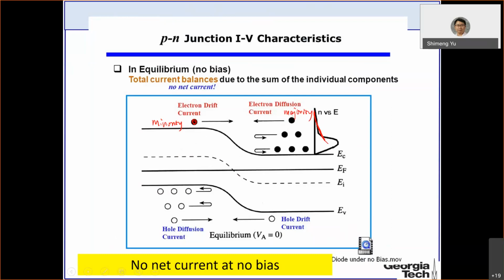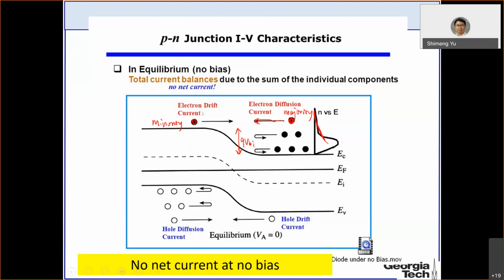So that's why the electron will move from the right to the left. But the electrons will see this barrier here. The electrons with less energy will be bounced back by the barrier. Only the electrons with high enough energy, higher than the barrier height, this qV_bi, will move over. So this is for diffusion.